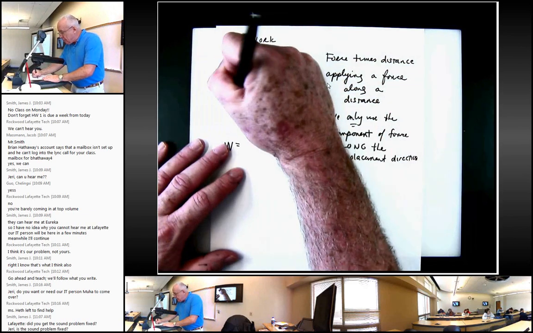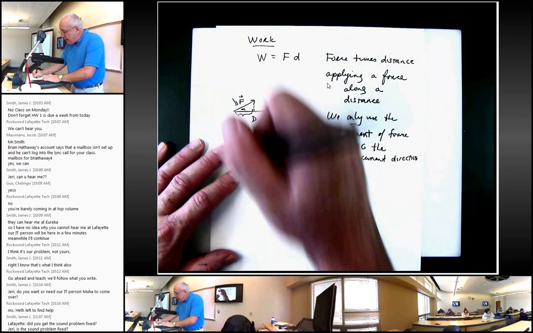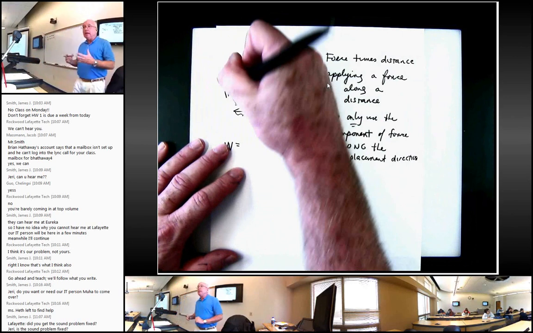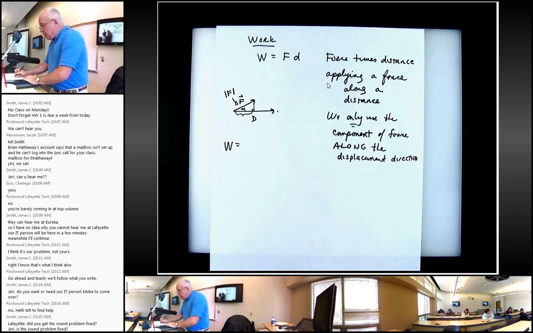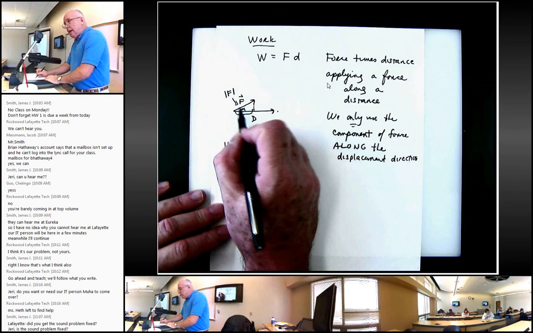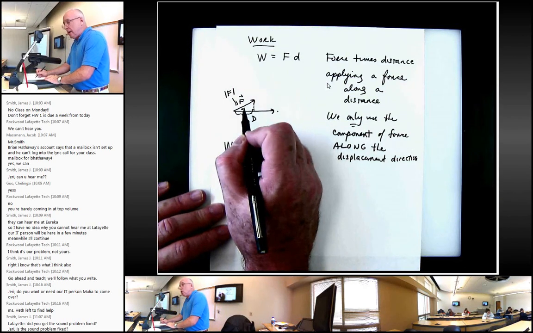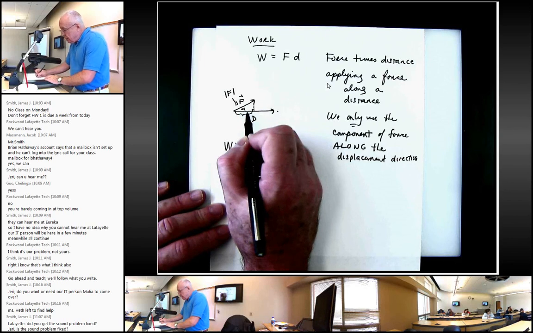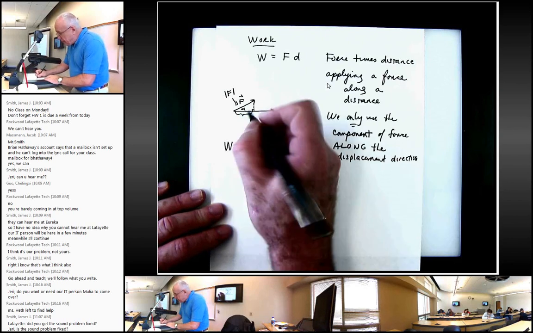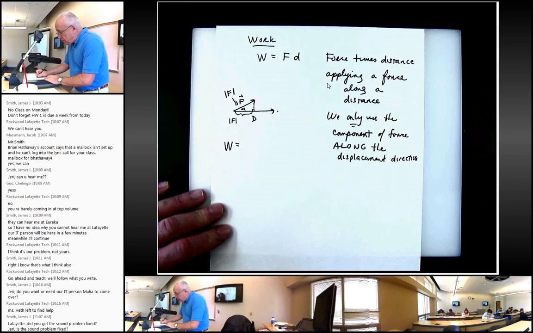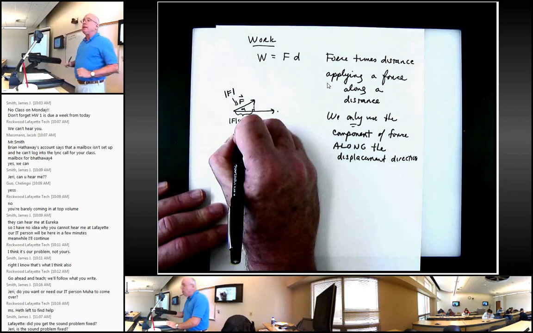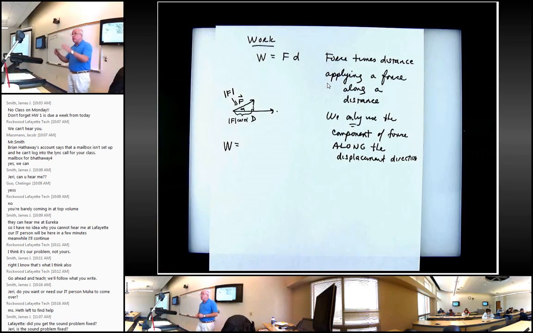This is our hypotenuse, and it has a length of the magnitude of the force. If we multiply that hypotenuse by the cosine of the angle, we'll get this length right here. That'll be the force along our displacement.